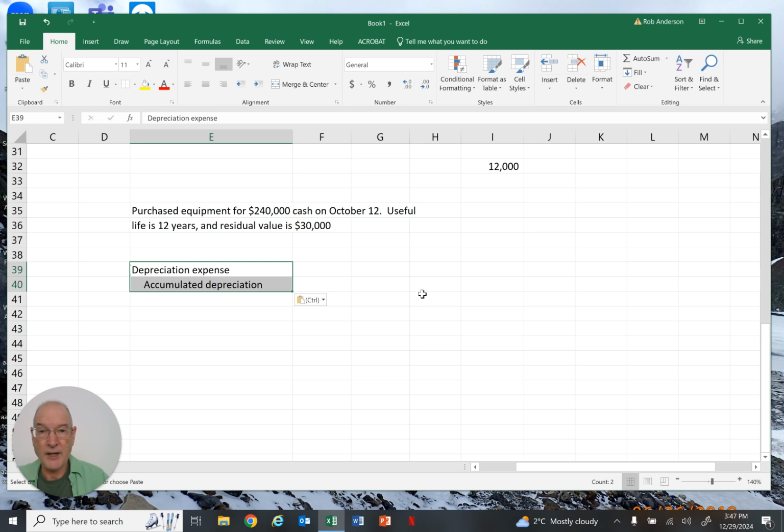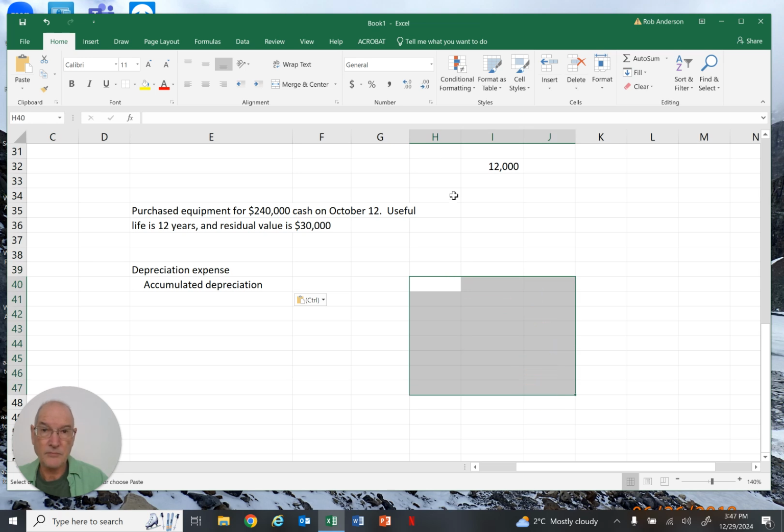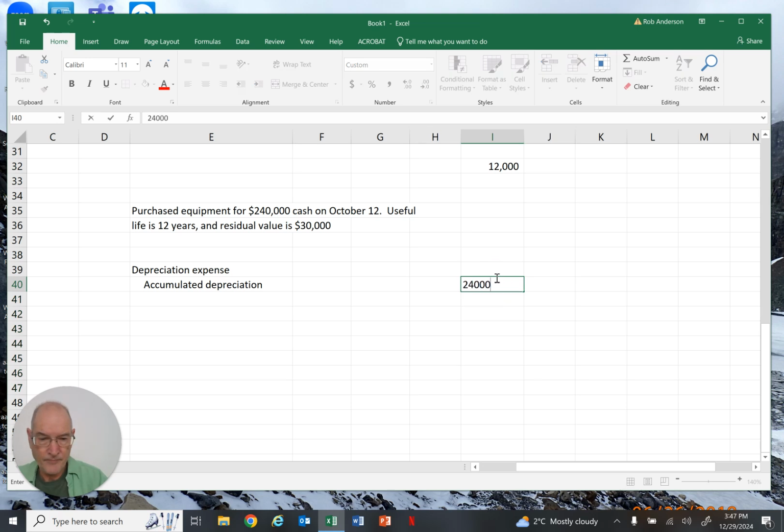Now let's figure it out. We're going to start with $240,000. So here's my 240. And it says here that the useful life is 12 years and the residual is 30,000. So we're going to take the residual and we're going to take it away. Now I'm just going to do this by hand.